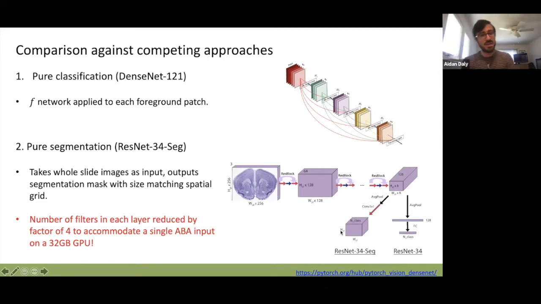It takes a whole image as an input, and the segmentation mask with our class assignments is used to train it. And to even fit just one image from the Allen Brain Atlas into this network, we needed to drastically reduce the complexity of every layer. So this just highlights the difficulty of maintaining a global view with even a decently simple segmentation approach.